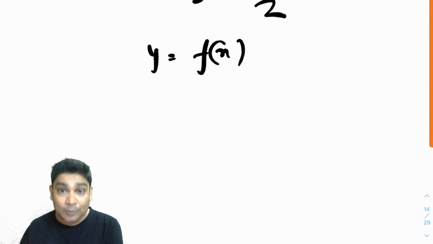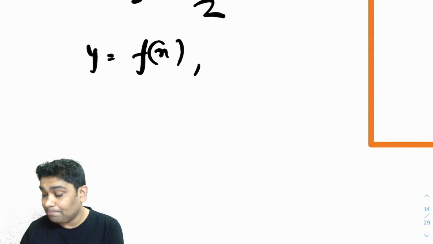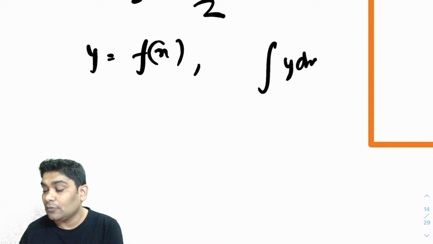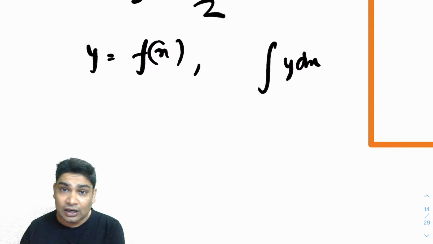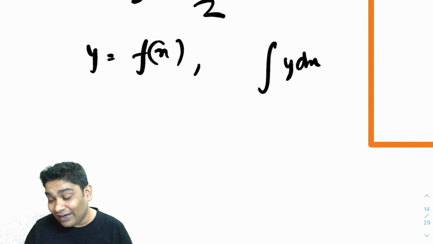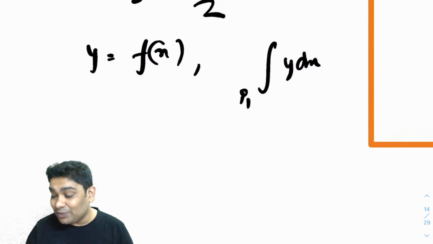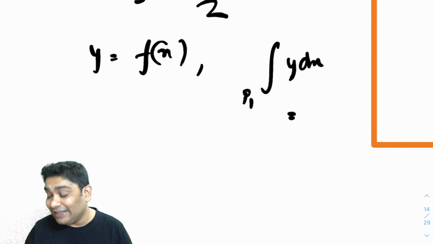So anyhow, suppose you have y as a function of x, and you are integrating y along different paths. The only problem is I don't know if you know enough maths to understand this. Let's say one path is P1 and another path is P2. If I integrate along P1, I may get some g of x.